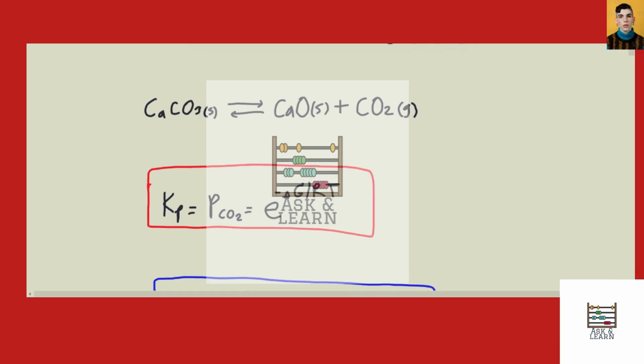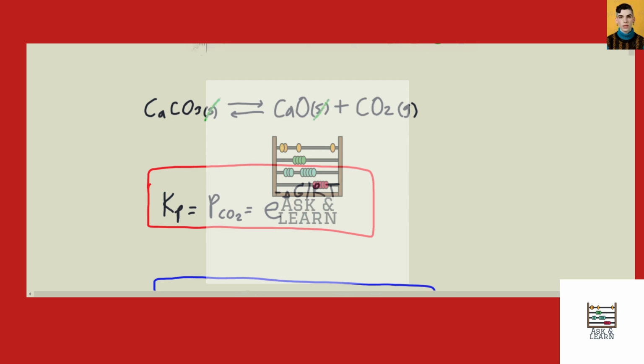We are given this reaction and we want to determine the partial pressure at equilibrium for carbon dioxide gas at 25 degrees Celsius. We can begin by writing out the expression for the equilibrium constant, Kp. We know that when we're writing out that expression, solid species do not participate in that expression.